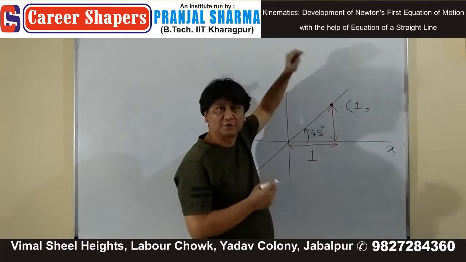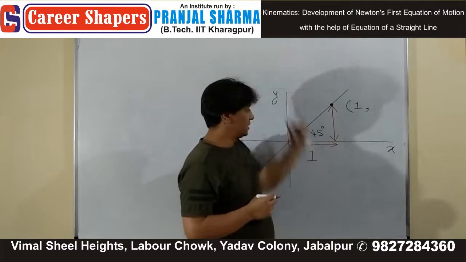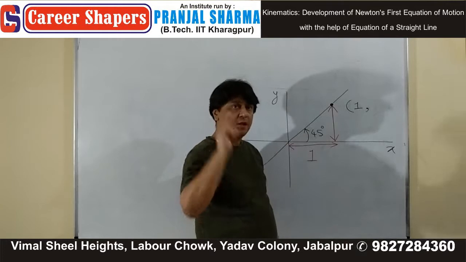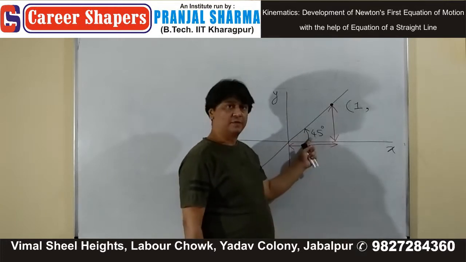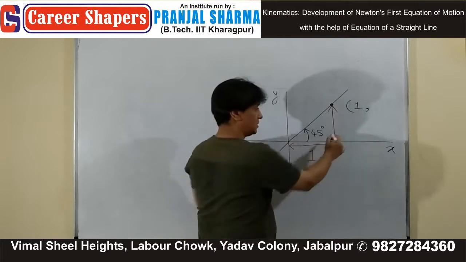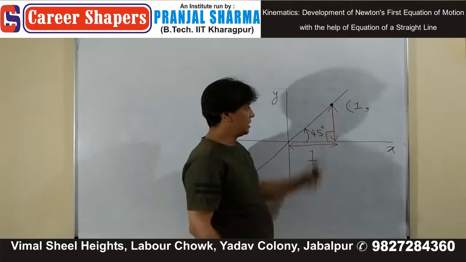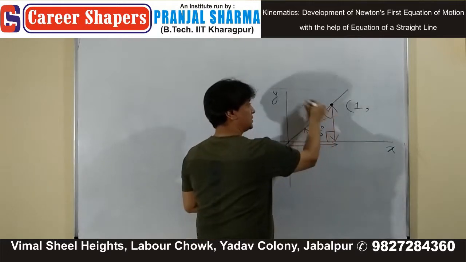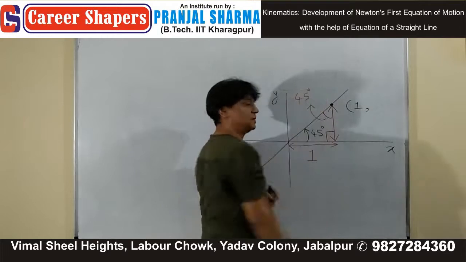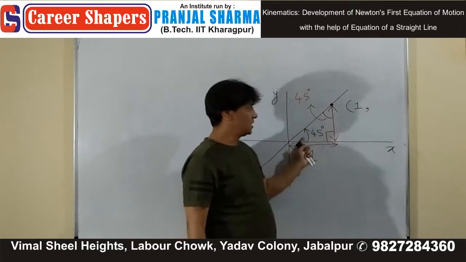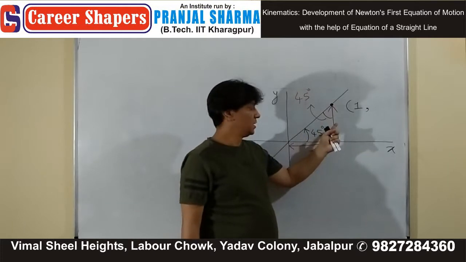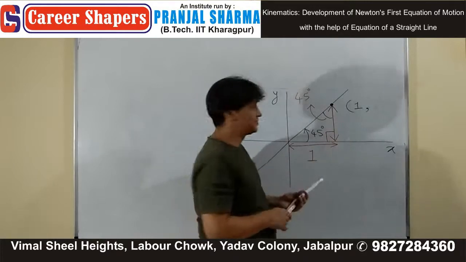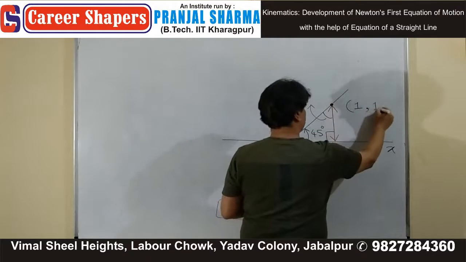That makes it an isosceles triangle. If it's an isosceles triangle, then these two must be same. Let me repeat it again. This is 45. This is 90. Therefore, this angle is also what? 45. If you say this angle is also 45 degrees, it becomes what? Two angles are same. It's an isosceles triangle, and therefore these two arms must be same, and you would have said y coordinate should also be 1.